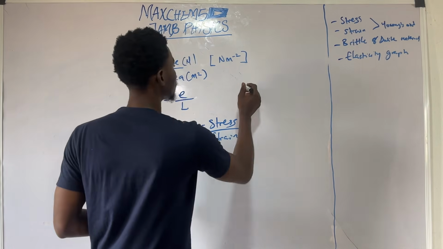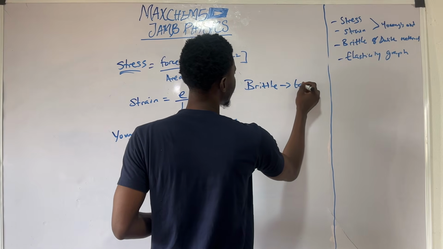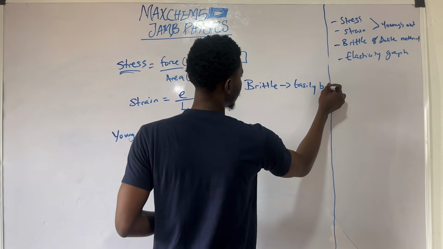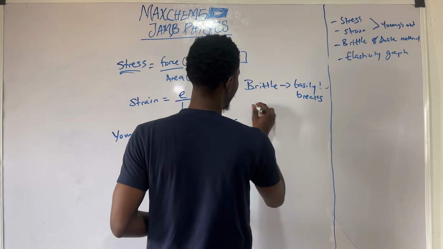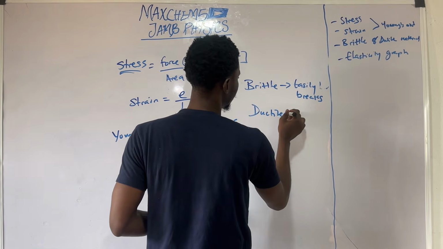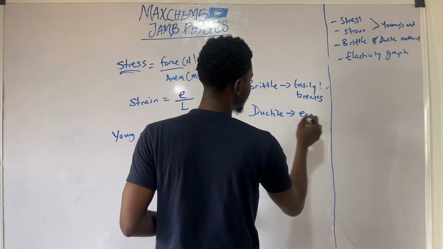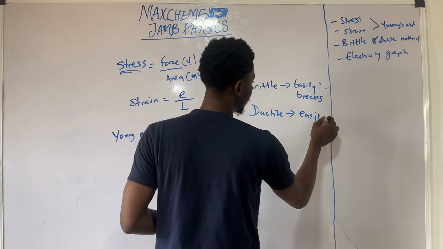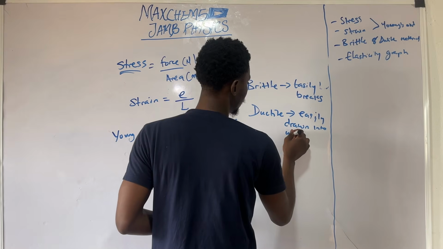So we have the brittle material, which easily breaks, and the ductile material, which is easily drawn into wires.